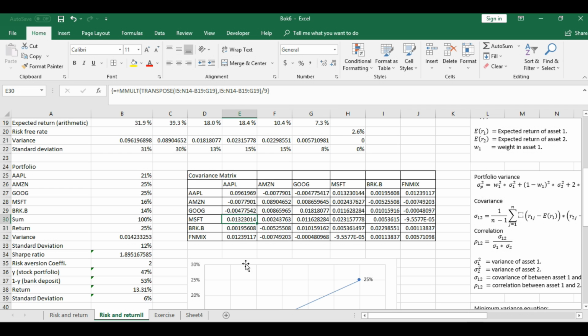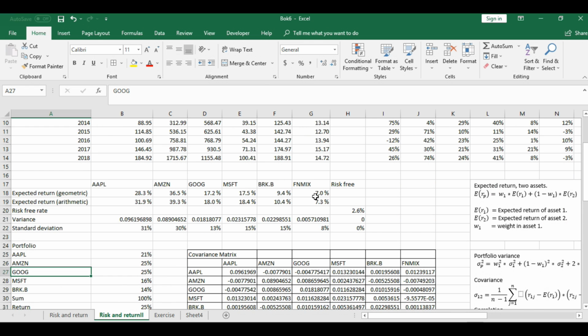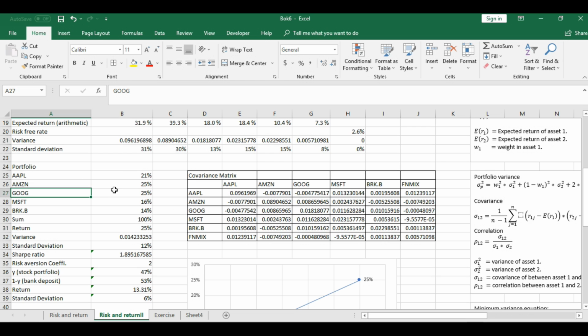We will use this to calculate the covariance between the stock portfolio and the fund. We do this by multiplying the weight of each stock in the portfolio with their covariance with the fund and sum up the results.